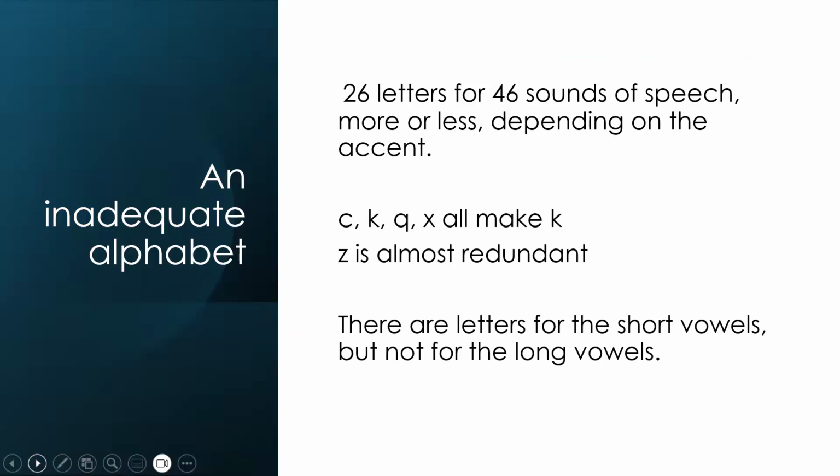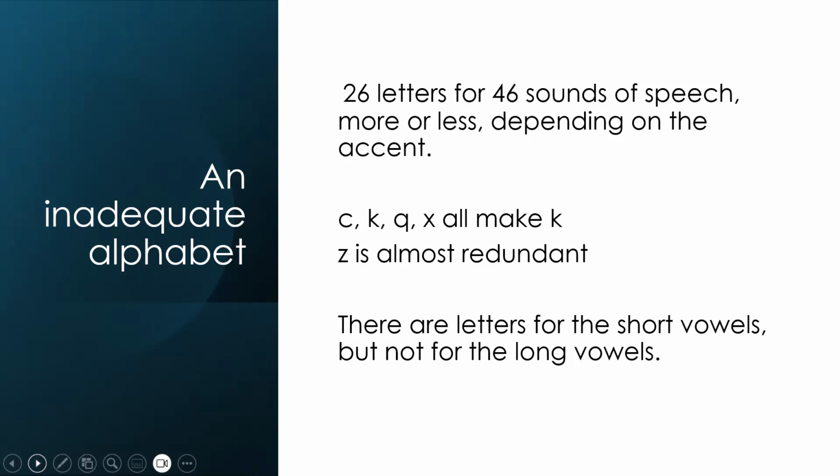Now, English is a huge language with well over 1 million words from multiple parent languages. All this with a hopelessly inadequate alphabet of just 26 letters to represent the 46 more or less sounds of speech, and even then C, K, Q, and X all make the K sound.